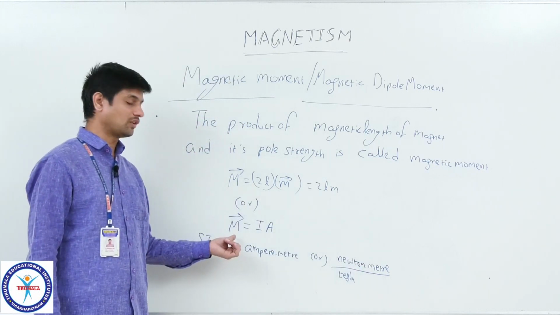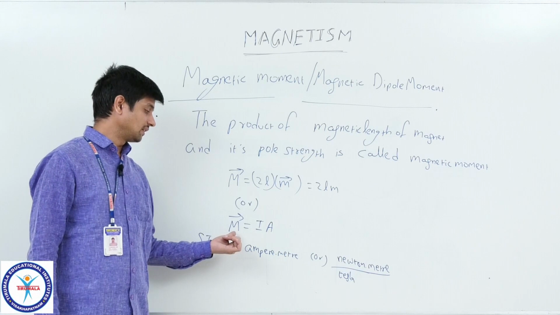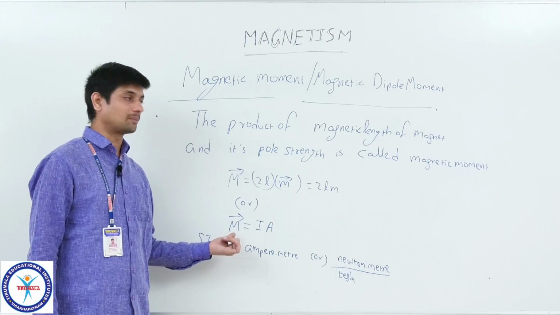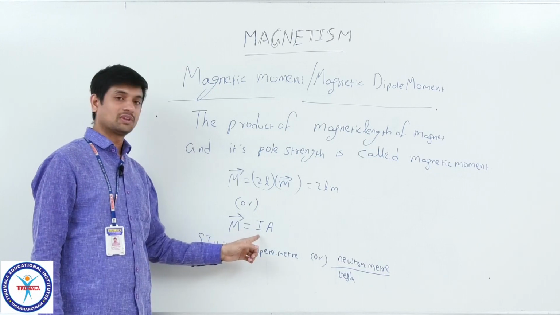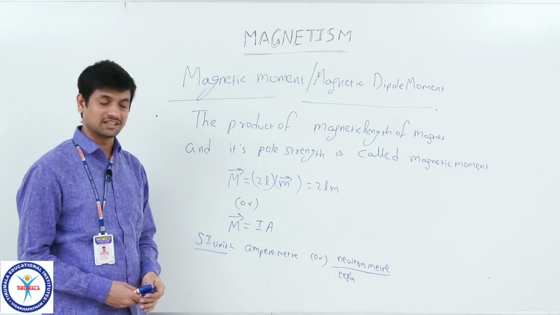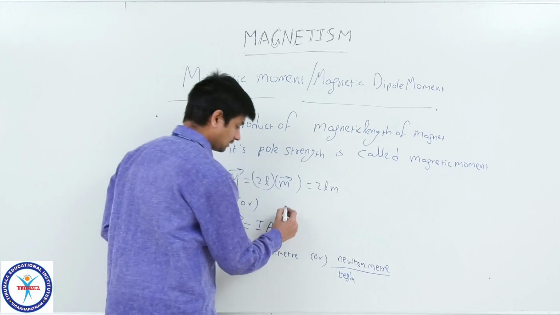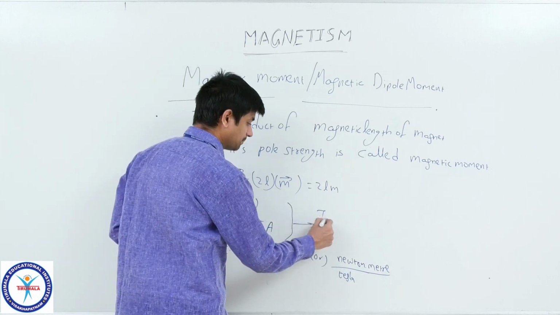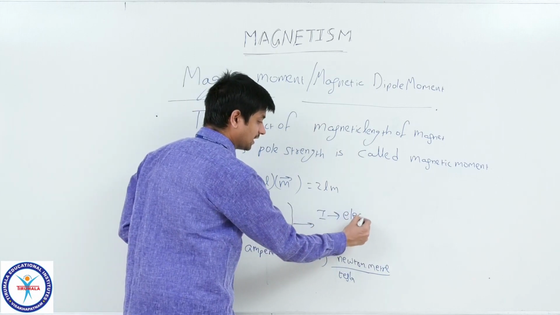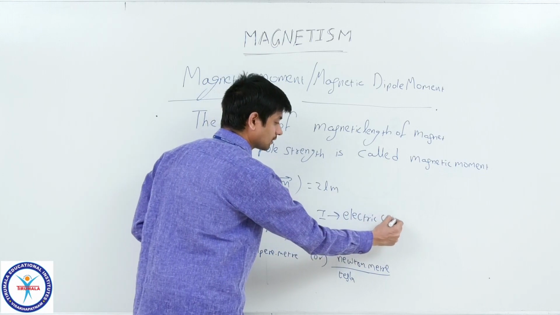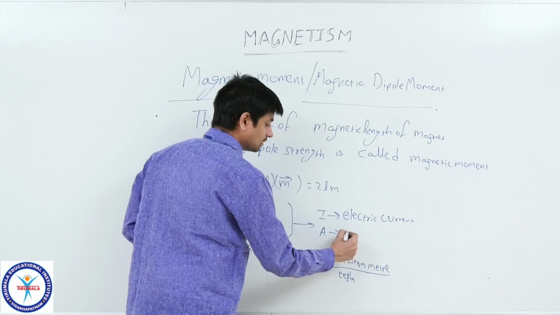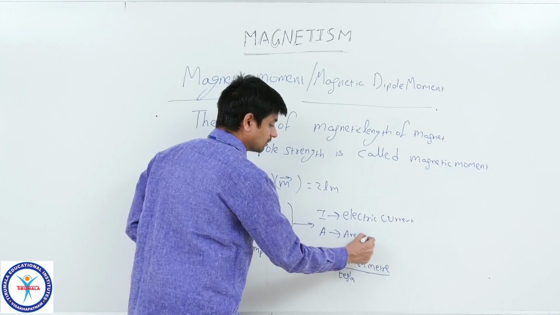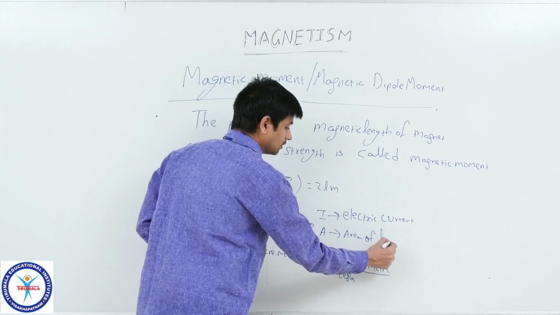But I have written one more formula here. Capital M bar means magnetic moment or magnetic dipole moment equal to I into A. I represents electric current and A represents area of loop.